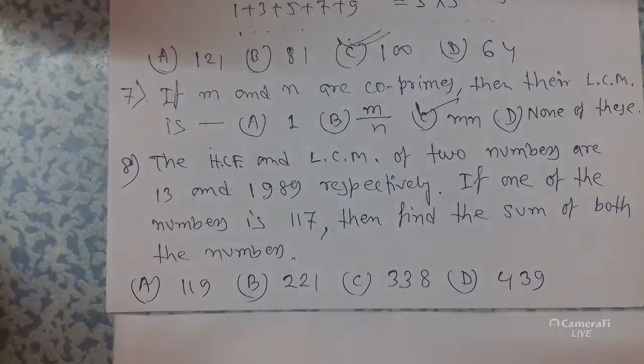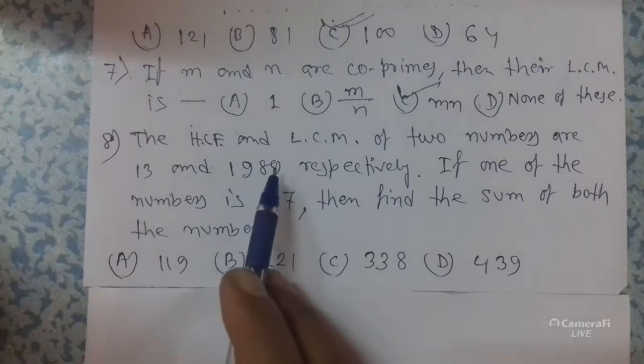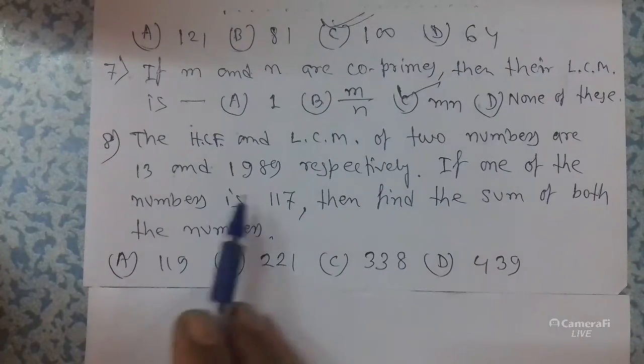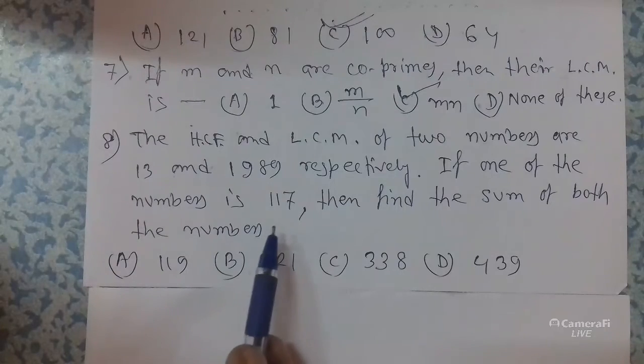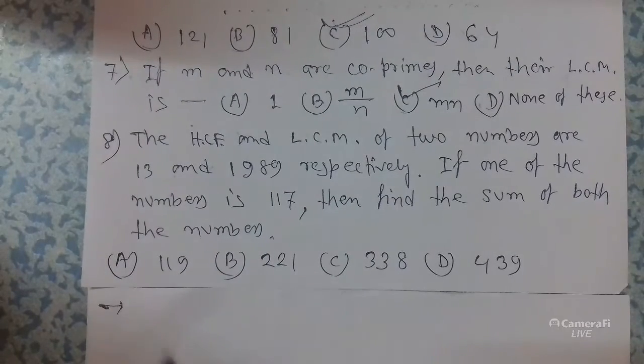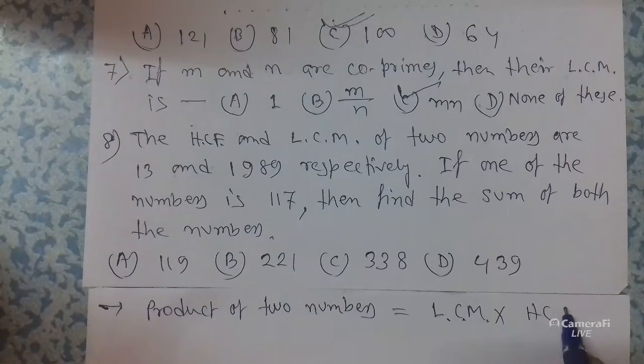Now the HCF and LCM of two numbers are 13 and 1989, and one of the numbers is given. So here we have to write the formula that the product of two numbers is equal to their LCM into HCF.